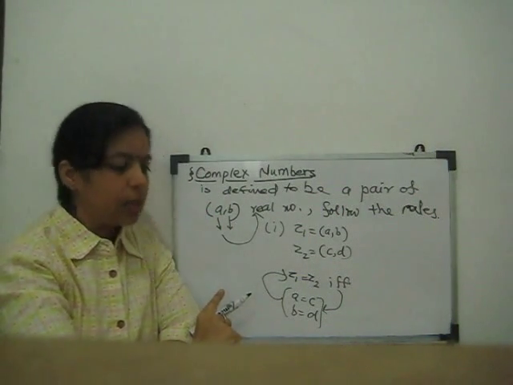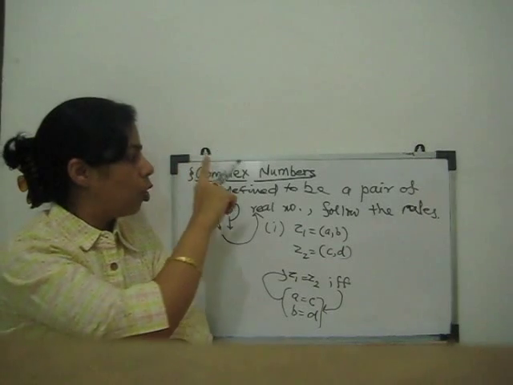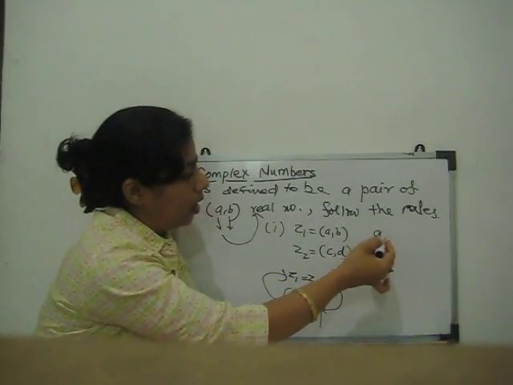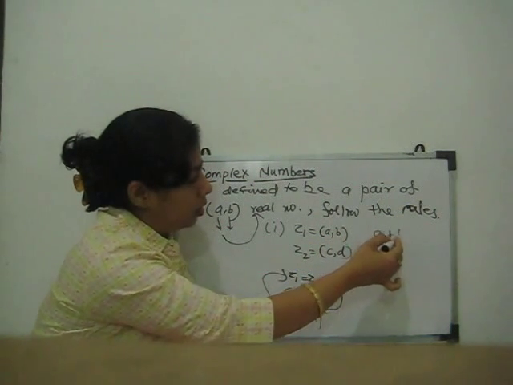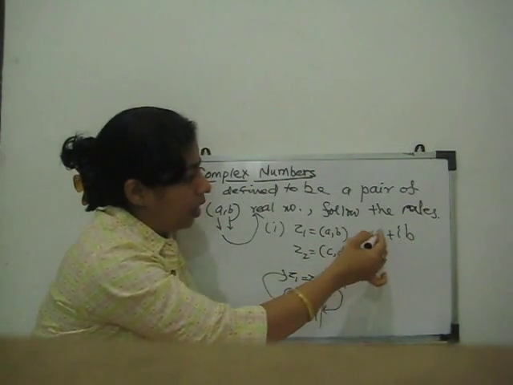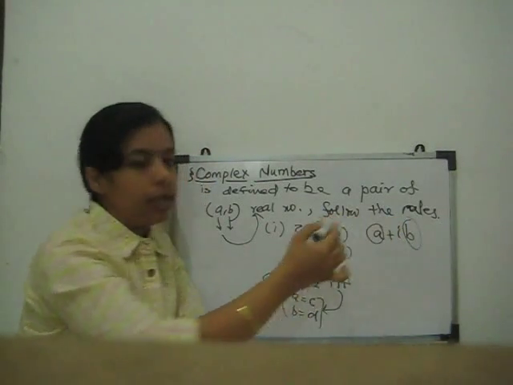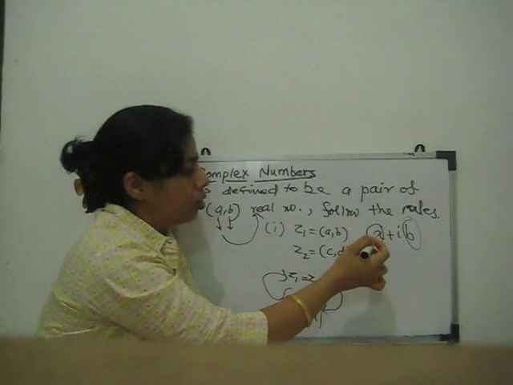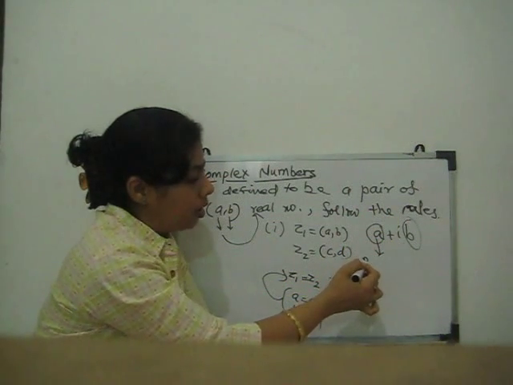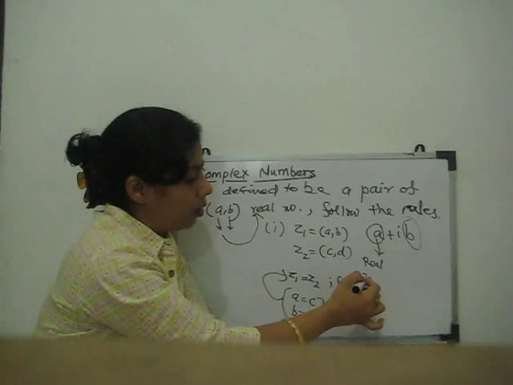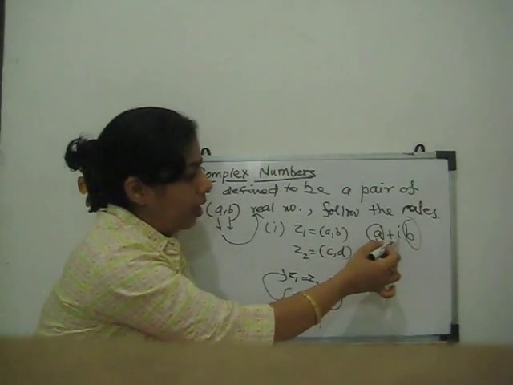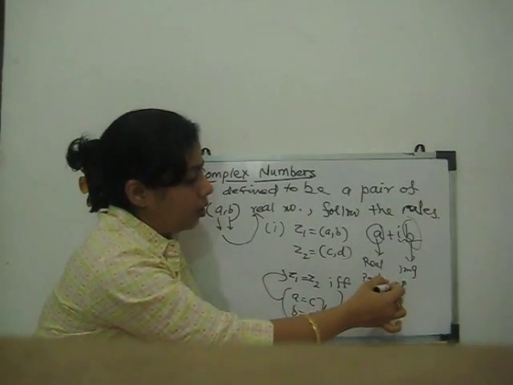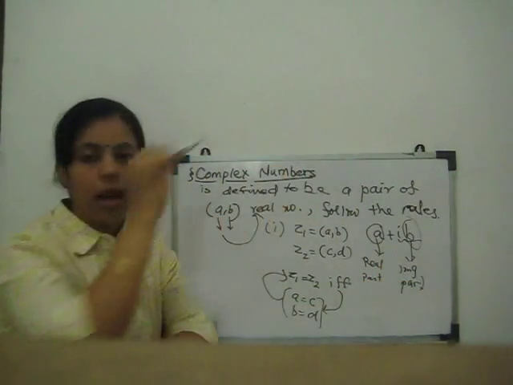One more important thing, a complex number is given by two parts, A plus iota B. A and B are real numbers. Iota is the notation of imaginary. So A is called the real part of the given number and iota B is called the imaginary part.